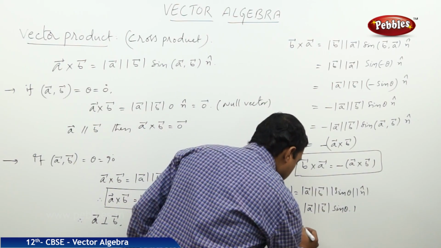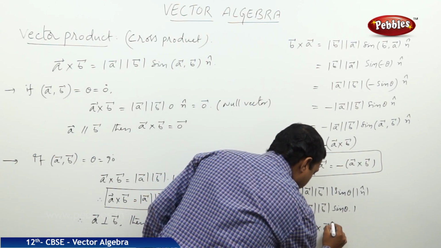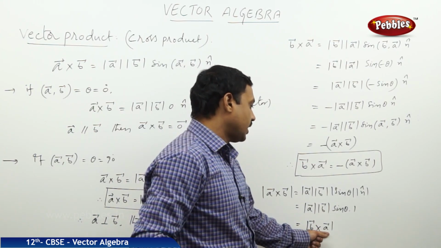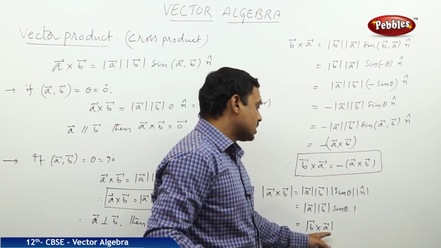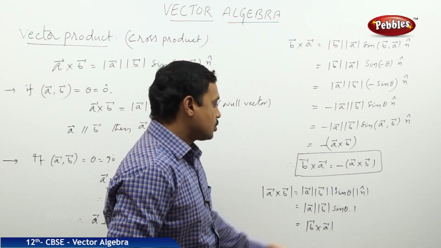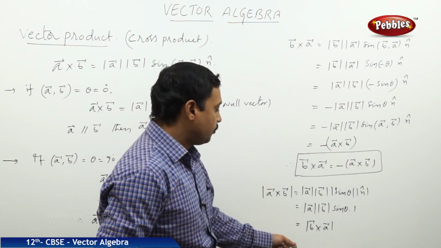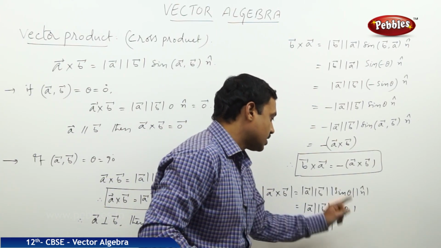Now, this is also the same as modulus of B cross A, because it is modulus of B, modulus of A into modulus of sin theta, into modulus of sin of minus theta, into modulus of n cap. So sin of minus theta is nothing but sin theta under modulus. Therefore, again it becomes sin theta, and modulus of n cap is equal to 1.